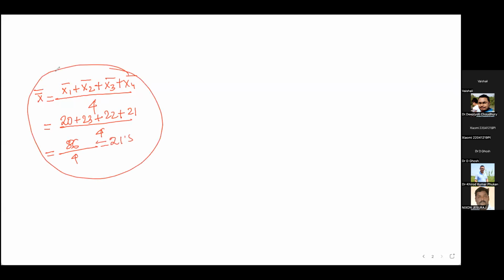Yes, sir. Now, our next step is that we want to find out the variance between samples. Variance between samples can be calculated. So first step is that I need the X bar information.